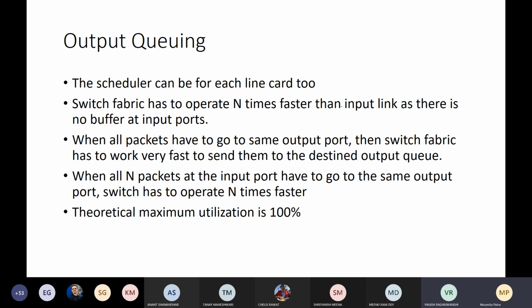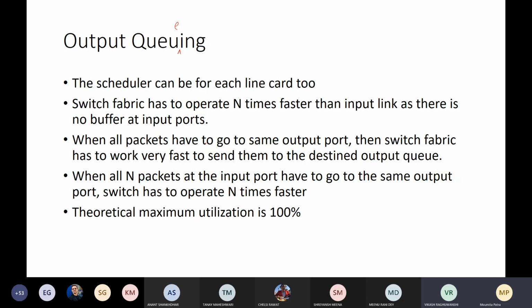Let's see what the basic features are when we are looking at output queuing. First, a scheduler needs to be there. Whenever we talk about output line cards having a buffer, we need schedulers there, because packets have different QoS constraints, so you need a scheduler to schedule these packets.